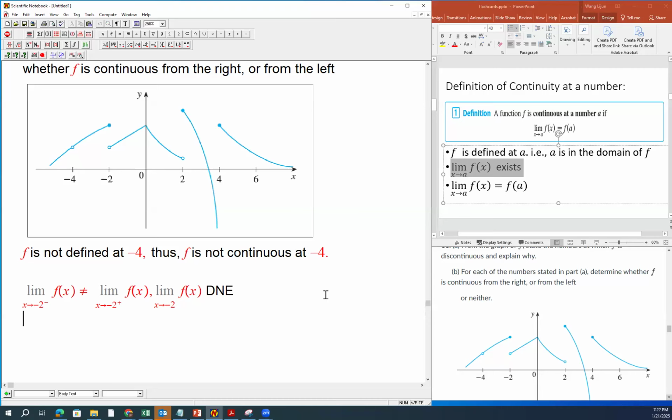And thus, you would say the function is not continuous at -2. That's all you need to say.